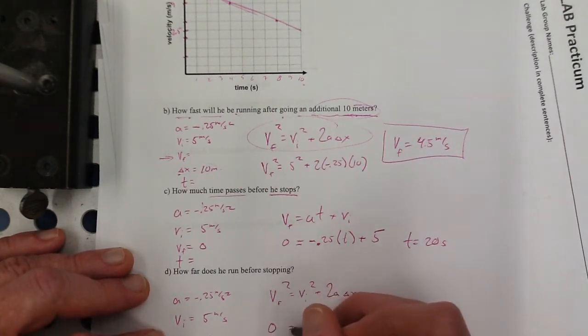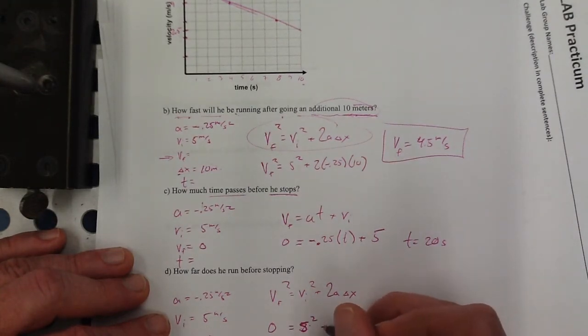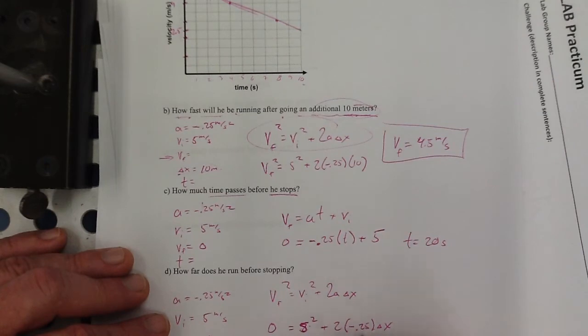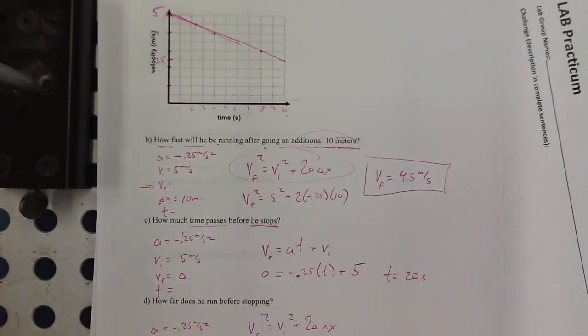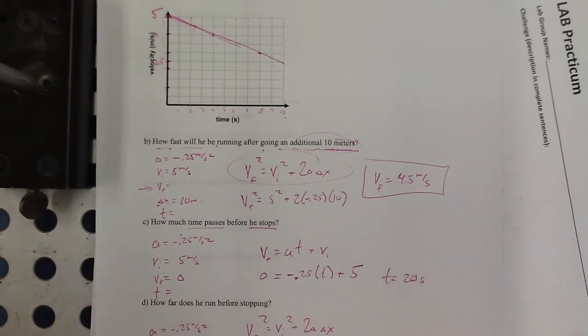So Vf squared equals Vi squared plus 2a delta x. That's 50 meters, I believe.